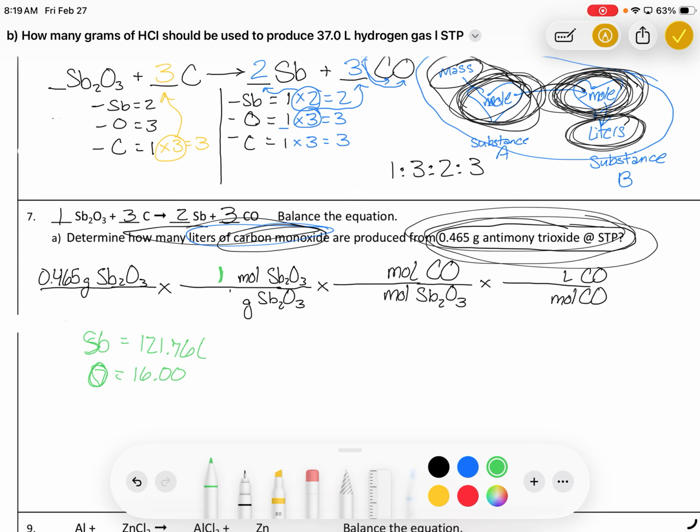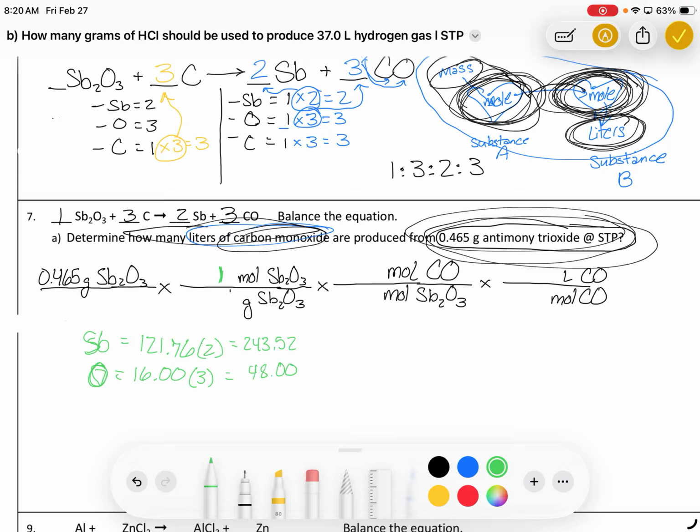And that's a capital S. How many antimonies do we have? We have 2. How many oxygens? We have 3. 121.76 times 2 is 243.52. And then 16 times 3 is 48.